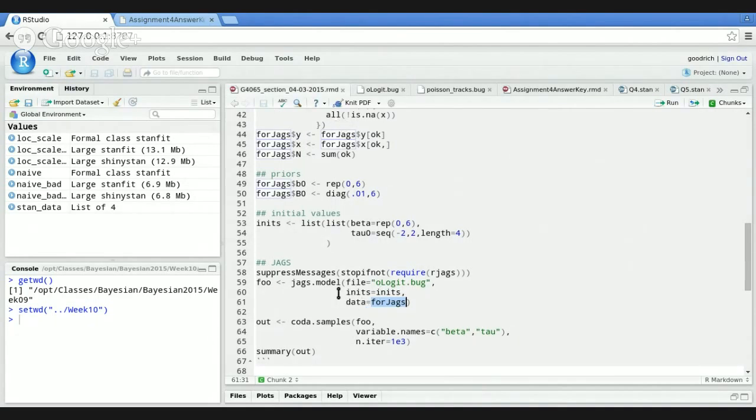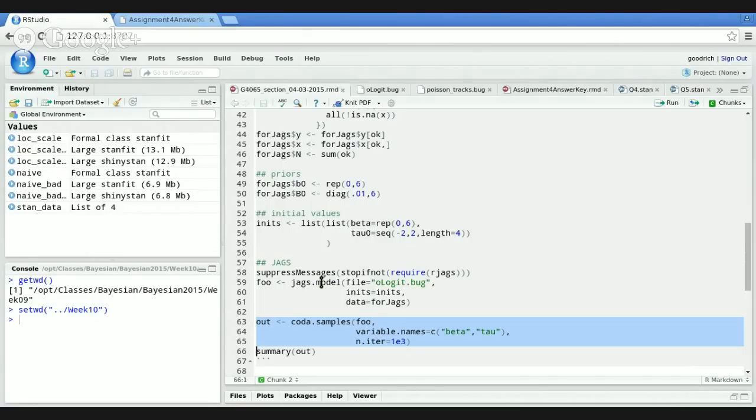Then you can do the jags.model call, which basically does burn-in. JAGS also does some adaptation, so it's technically a warm-up period rather than a burn-in period. And then once it's hopefully converged, you can call the function coda.samples, passing in the thing that you previously initialized.